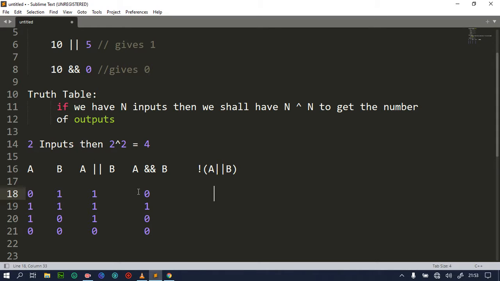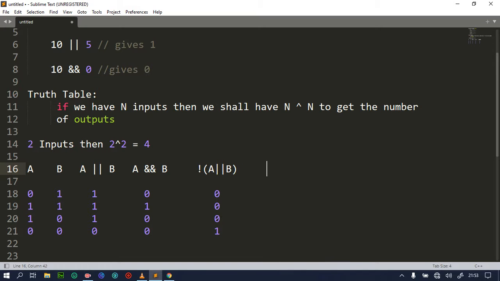So if this is true, then it's gonna be false. This is true also, so it's gonna be false. This is true also, so it's gonna be false. Okay, then this is true, this is false, so it's gonna be a true because it is not A or B.